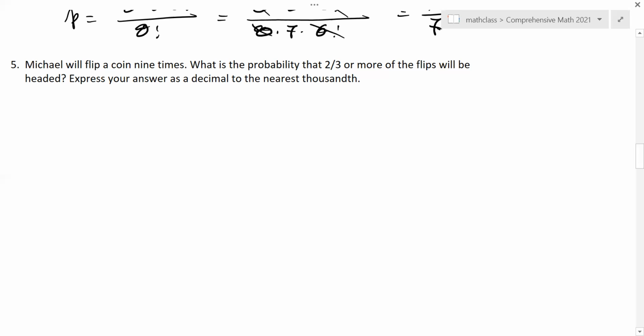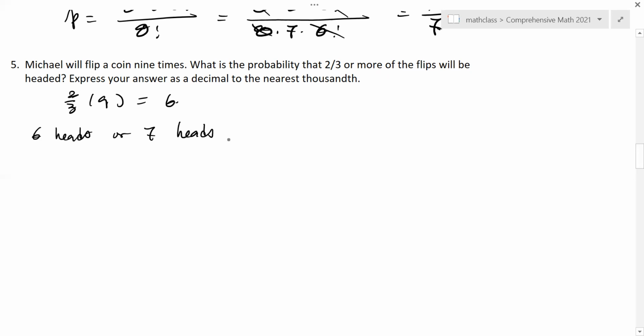All right. So first of all, let's figure out what 2/3 of 9 is. Right, 2/3 of 9 is 6. So what you're trying to find out is the probability that you will get 6 heads or 7 heads or 8 heads or 9 heads, more than or equal to 2/3.